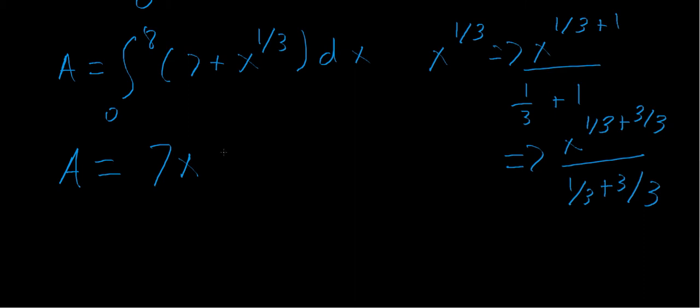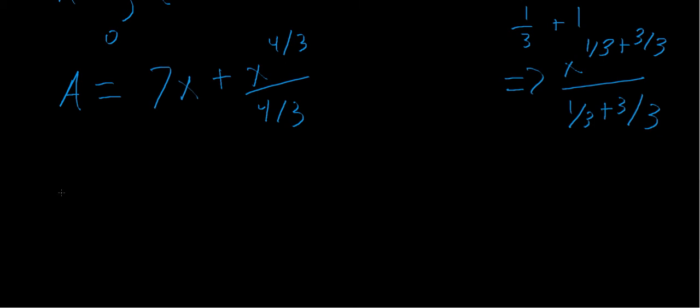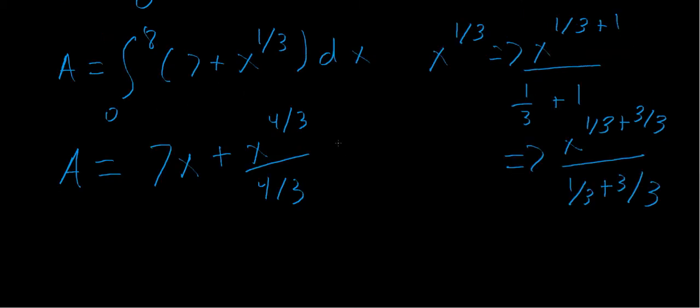So we get 7x plus x to the 4/3 over 4/3. Since we evaluated the integral, now we put our brackets there. We still have to evaluate the function as it goes from 0 to 8. We still have to use the fundamental theorem of calculus there.